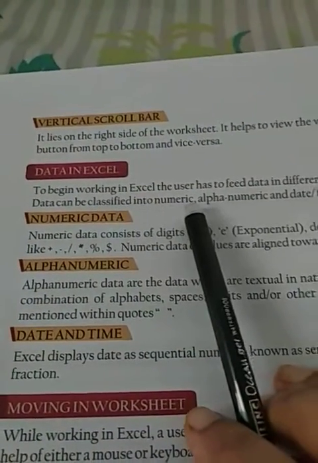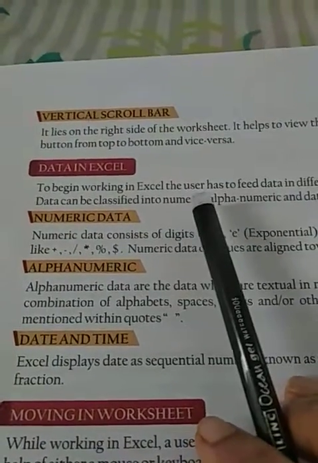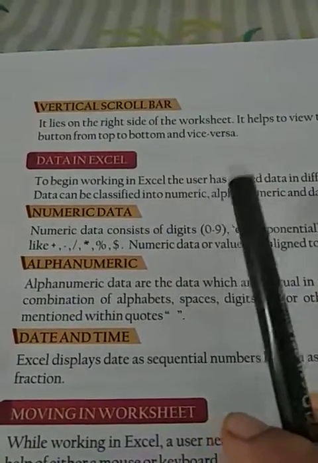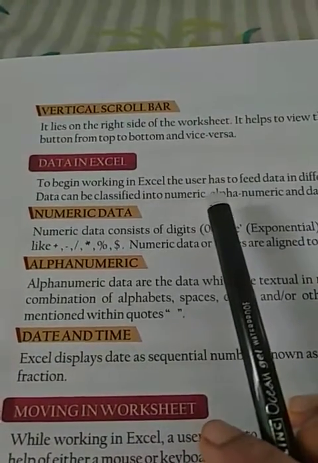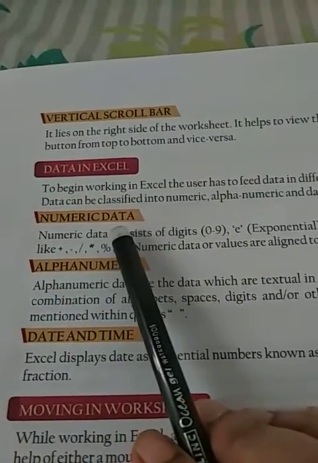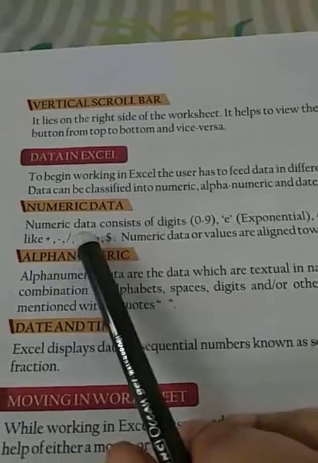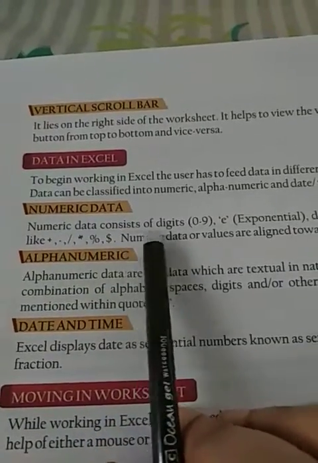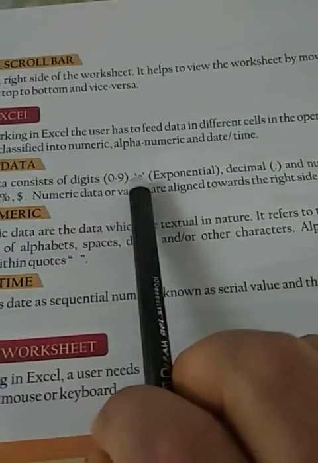Which type of data can we feed in MS Excel? The first one is numeric data. Numeric data means numbers. It contains digits from 0 to 9, exponential, small e.